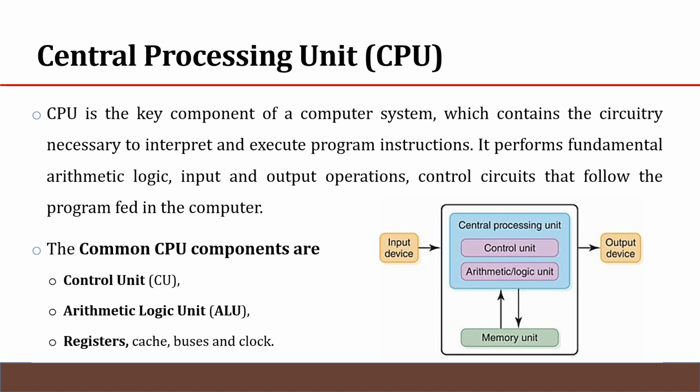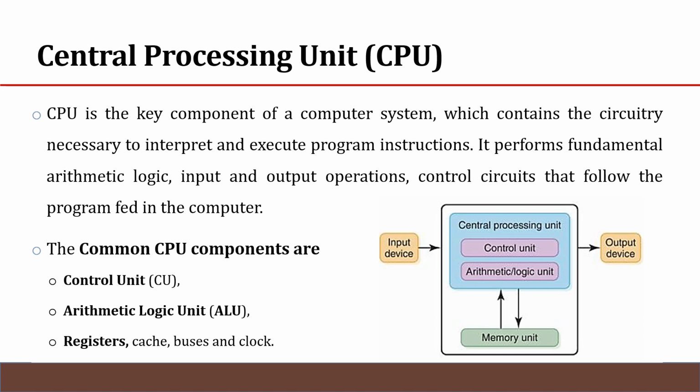Central processing unit is the key component of a computer system. It is known as the brain of the computer, which contains the circuitry necessary to interpret and execute the program instructions. It performs fundamental arithmetic, logic, input and output operations, with control circuits that follow the program fed in the computer.